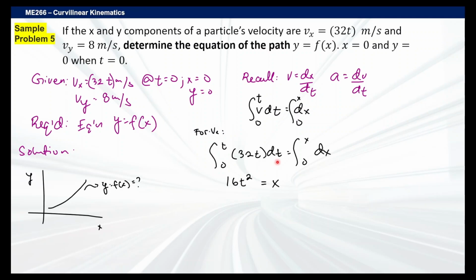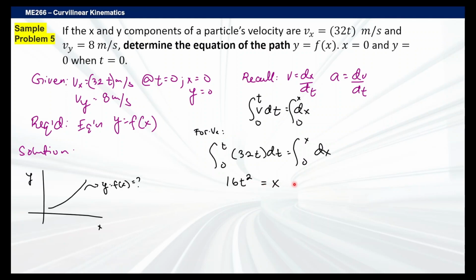And for dx, the limits will be 0 to x, since we're given the boundaries of our integration, so 0 to a particular time t. In this case, the v here for vx is 32t meters per second. So that becomes 16t squared, basically one half times 32 t squared, so it becomes 16, and then x here.